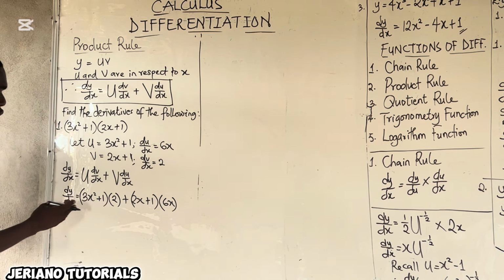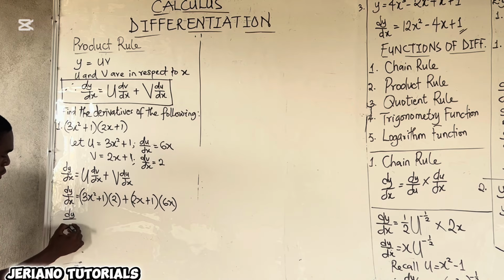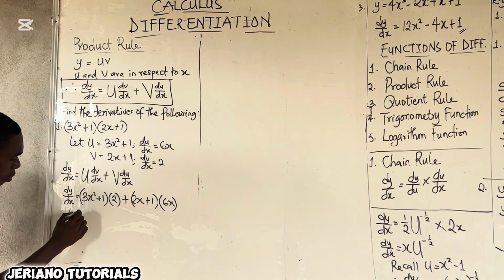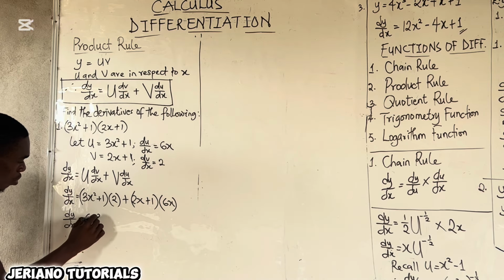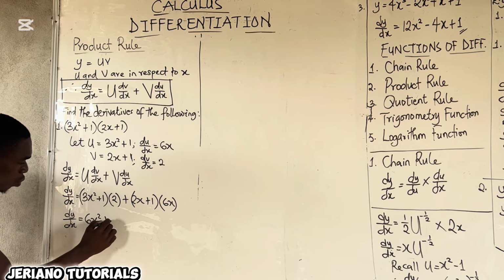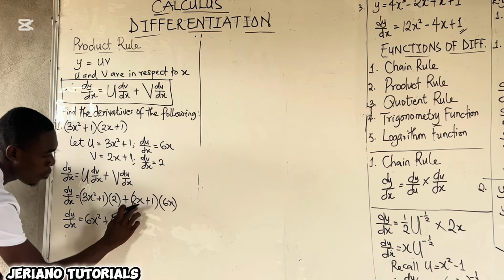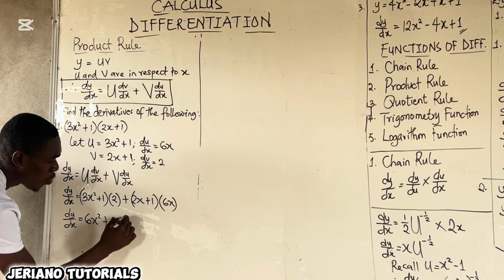So what you just do is open up the brackets. dy/dx becomes 2 times 3x squared, which is 6x squared, plus 2 times 1, 2. Now multiply this, plus what?